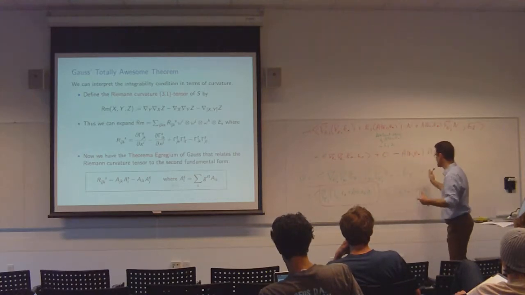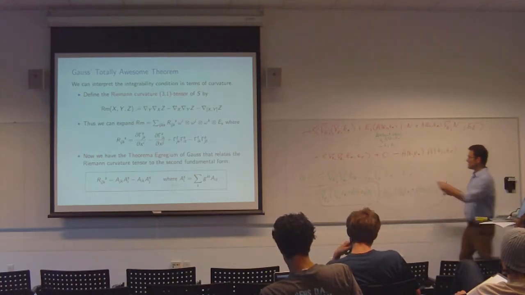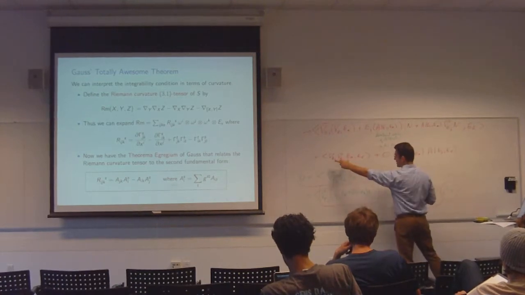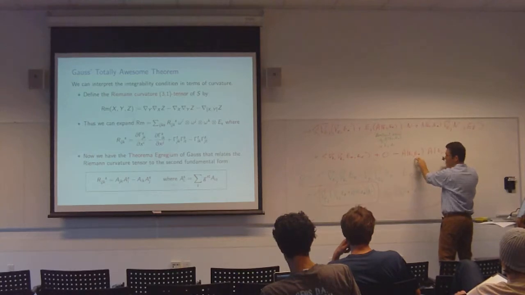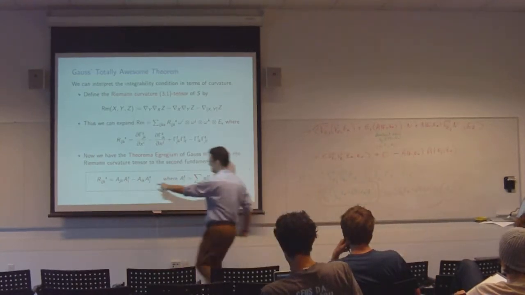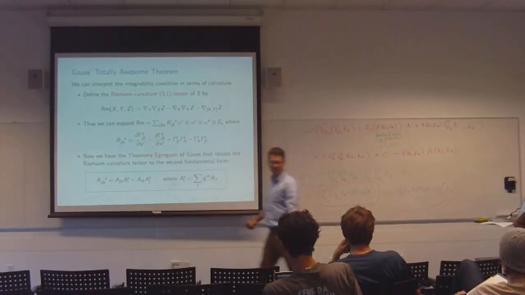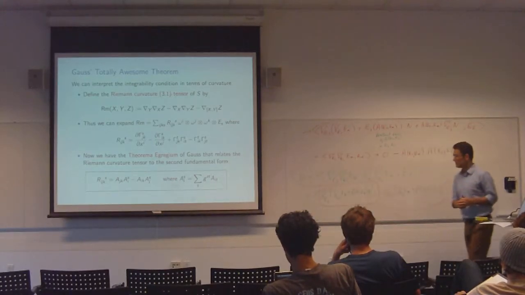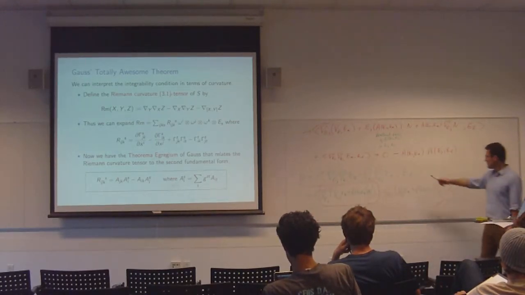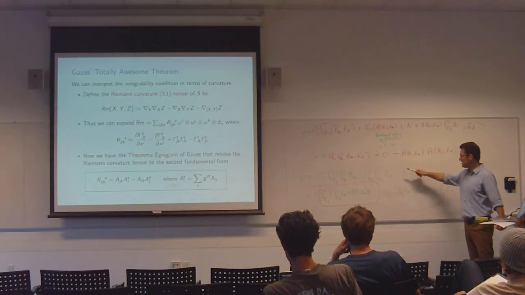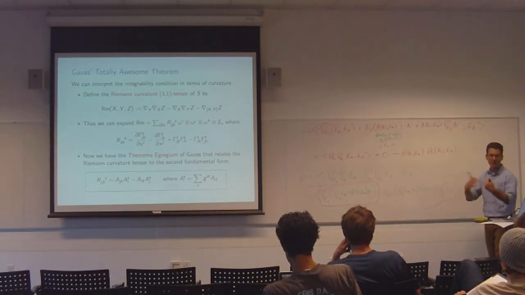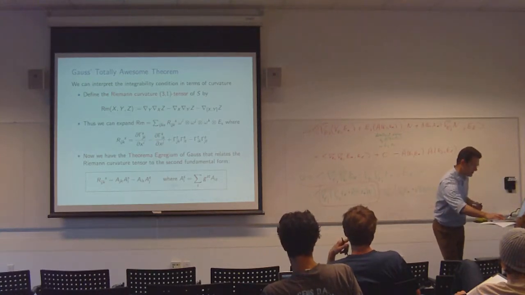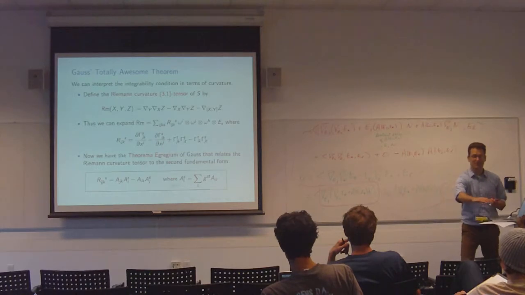And now a similar part for the second term, right? You're going to get the curvature tensor coming from the difference in the intrinsic parts, and the leftover bit is going to be this bit right here. So there's Gauss's theorem for you. It follows from, let's call it, the integrability condition in Euclidean space, and leads to this connection between intrinsic curvature and honest-to-goodness curvature, extrinsic curvature. Make sense?